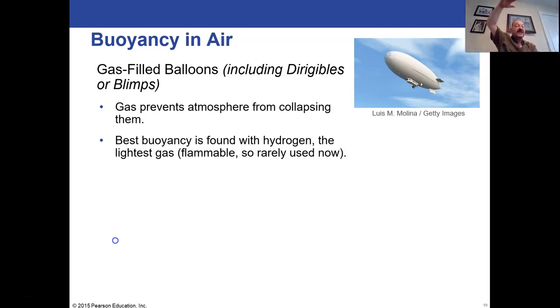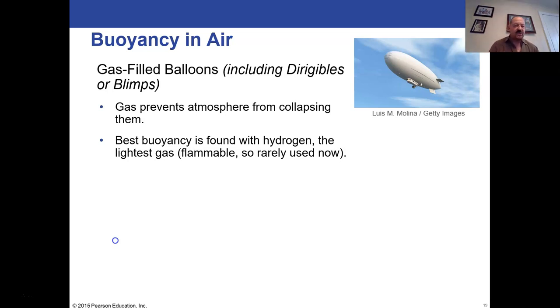And therefore they rise up. And if they balance the weight of the blimp to the amount of air they are displacing, then they'll just hover there, and they can move up and down at a constant speed, or they can move across, but they're not going to be accelerating up or accelerating down.